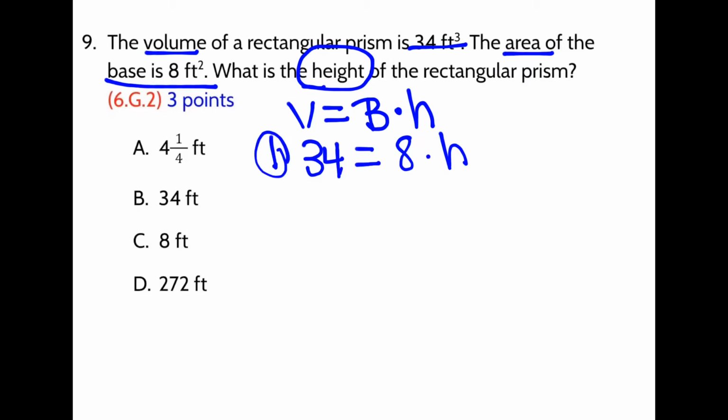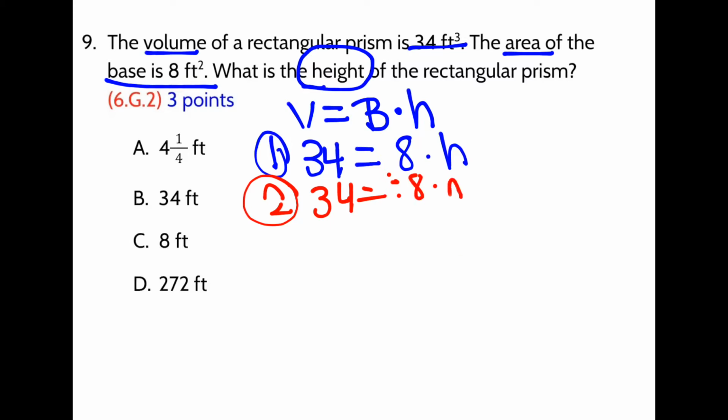That's our first step. Our second step is solving for h, choosing our inverse operation. So we know we have 34 equals 8 times h. What is the inverse operation of multiplication? That would be division.